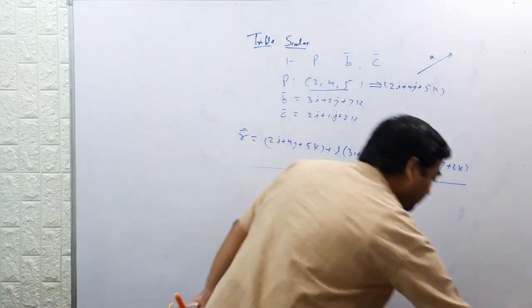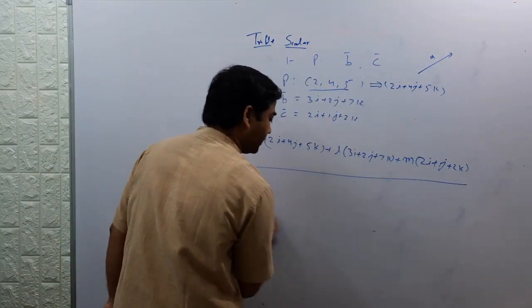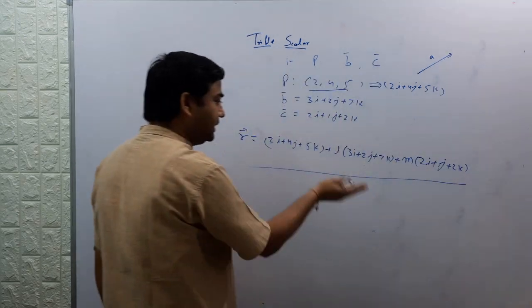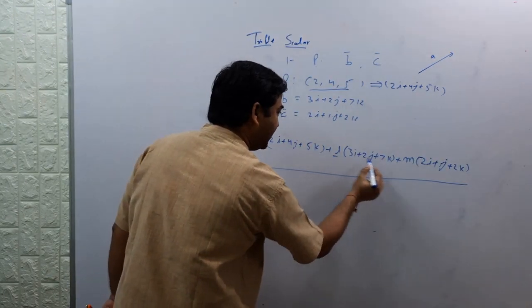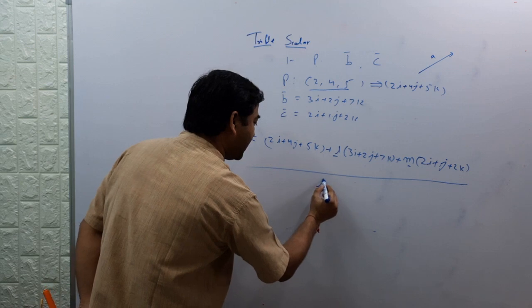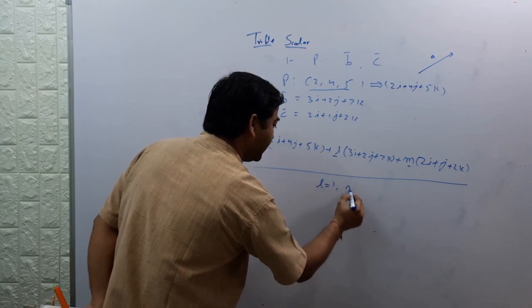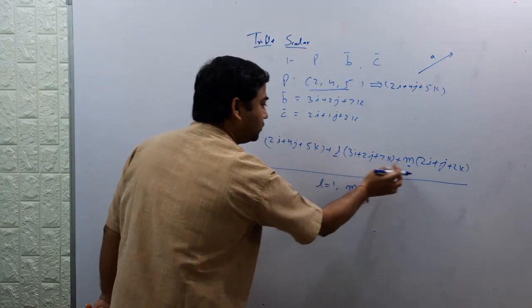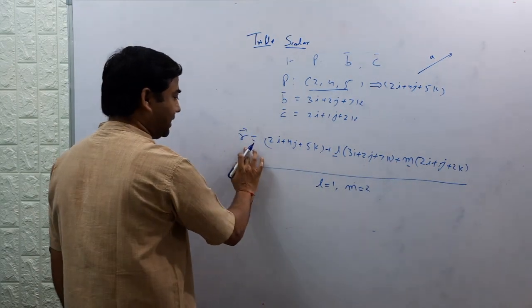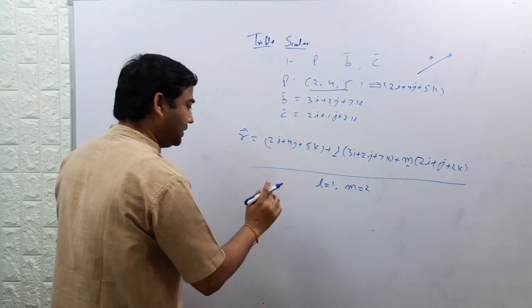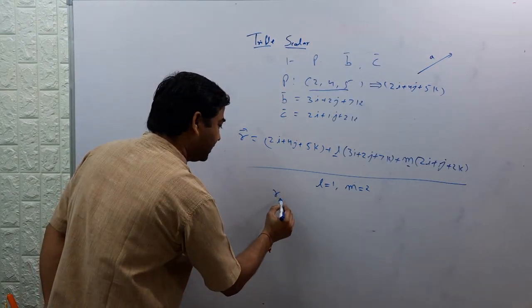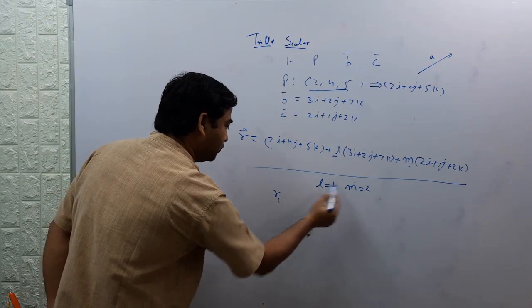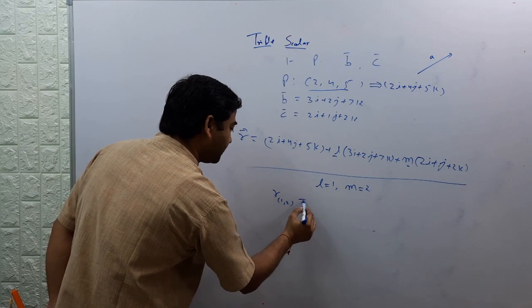So when you put different values of L and M, let me put L is equal to 1 and M is equal to 2. You will get a vector R. Let, for example, this R for L is equal to 1, M is equal to 2.